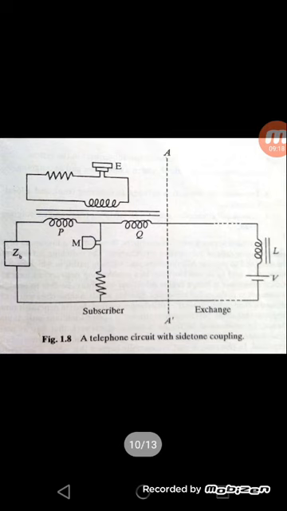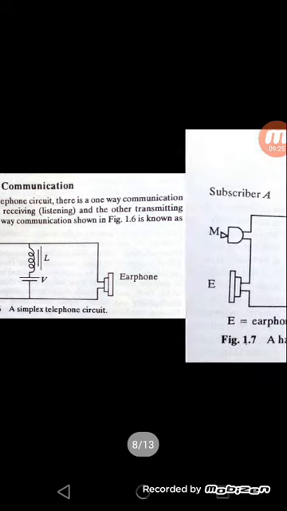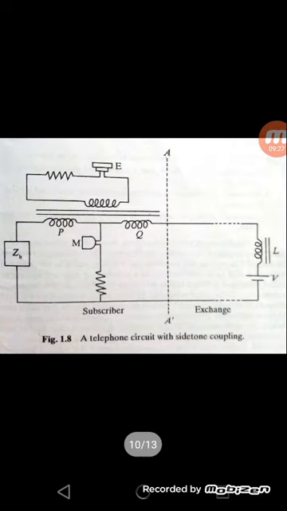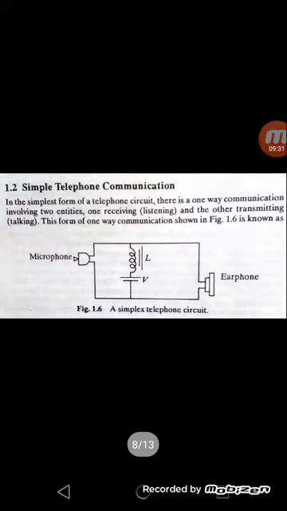For example, take any telephony circuit. There are three methods: simplex mode, half duplex mode, full duplex mode. In any method, internally we are using carbon microphones that depend on the diaphragm.